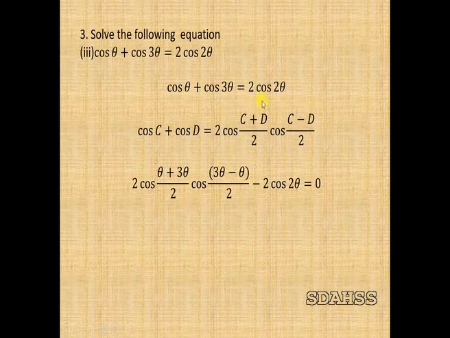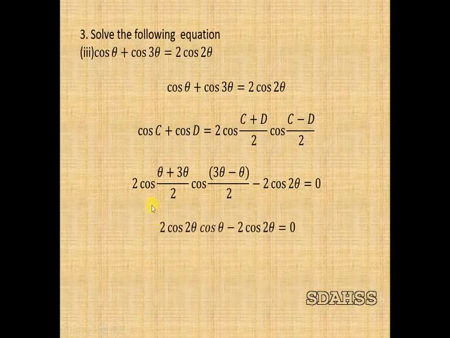You bring this 2 cos 2 theta to the other side, it becomes negative, minus 2 cos 2 theta is equal to 0. 2 cos theta plus 3 theta, 4 theta by 2 means 2 theta, into cos 3 theta minus theta, 2 theta divided by 2 theta, minus 2 cos 2 theta is equal to 0. Here 2 cos 2 theta is common, so take it outside. So you have 2 cos 2 theta into cos theta minus 1 is equal to 0.